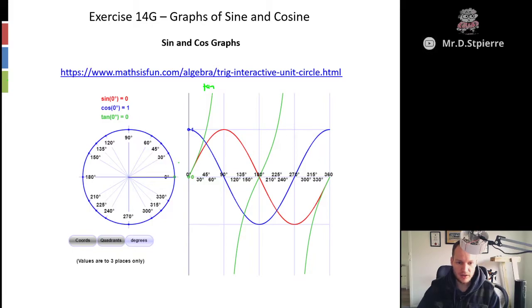So as your angle increases up this way, your tangent gets larger and larger and larger. In red is your sine graph, and then in blue is your cos graph. Does it make sense? Cos of 0 degrees is 1, sine of 0 degrees is 0, and it goes on and on from there.